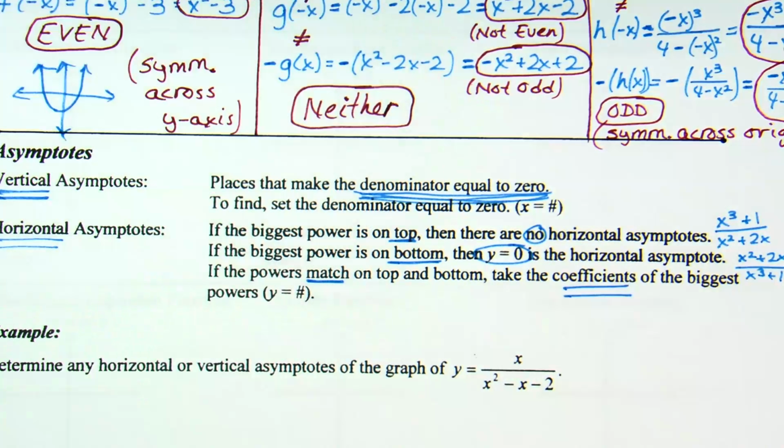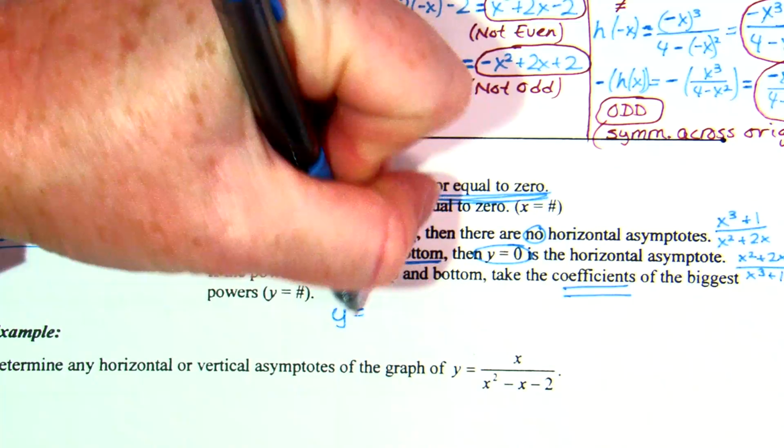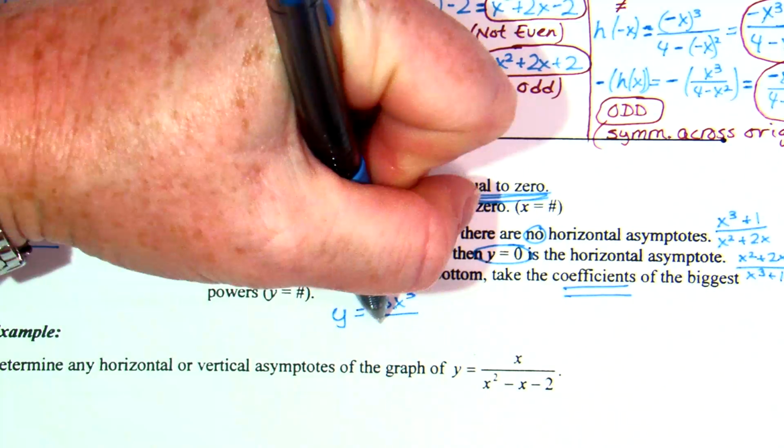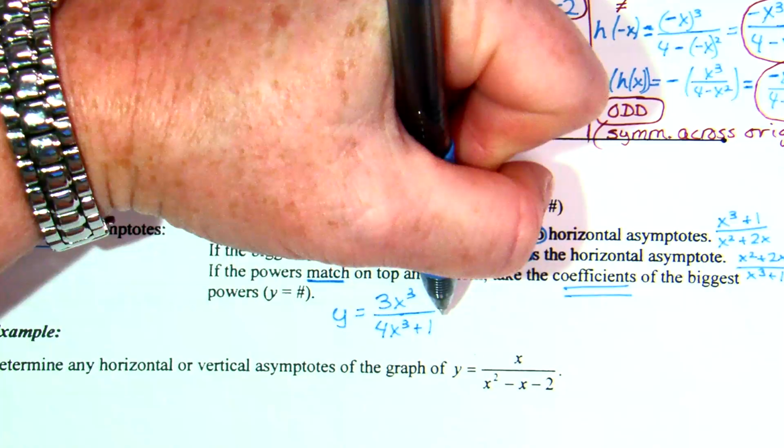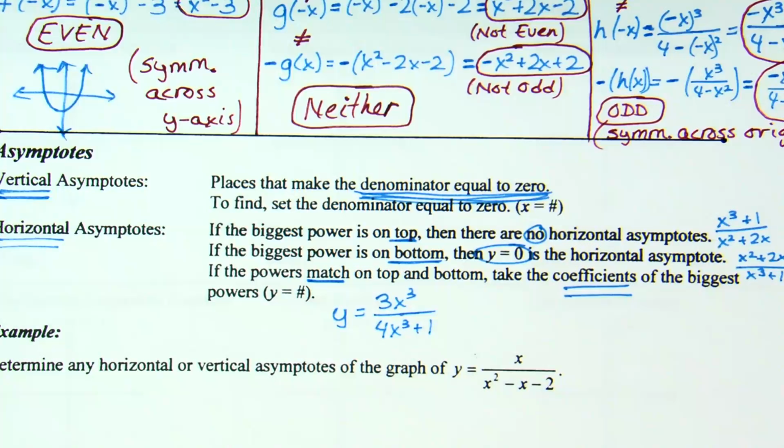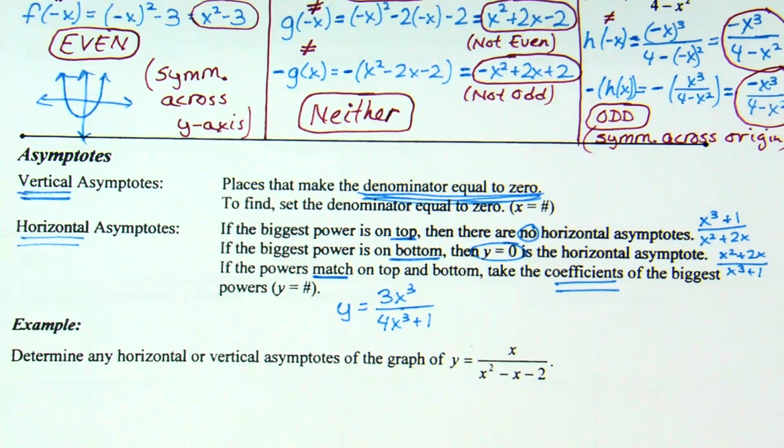Okay? So, for example, if you have the equation y equals 3x cubed over 4x cubed plus 1. What do you notice in that one? The biggest powers are both x to the third.